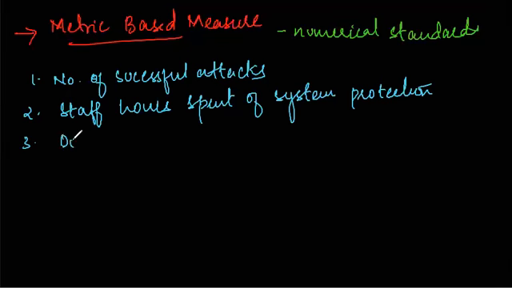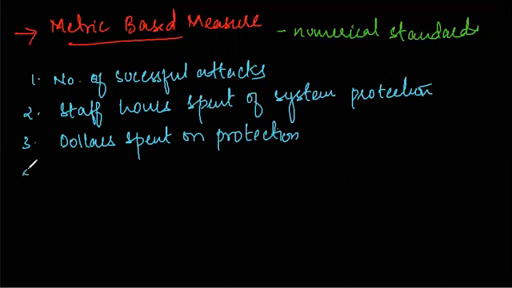Then how many dollars are spent on protection. So these are all numbers. This is going to give you exact numbers. How many attacks are there? This can be 5, 10, 100 attacks within a year or month. Staff hours again are going to be a numerical value. The dollars spent upon the protection is again going to be a number.